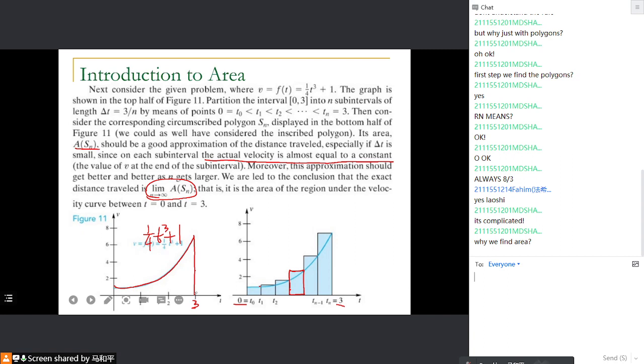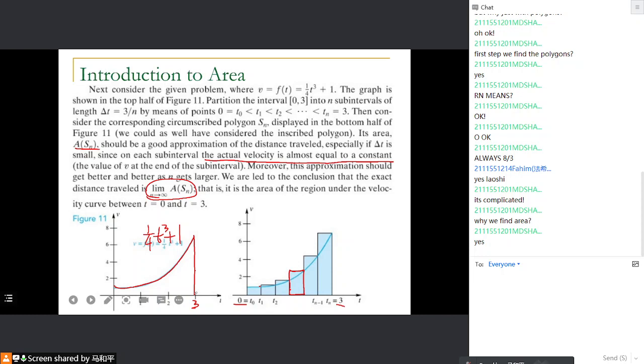Maybe in reality you face this problem. How can you solve it? Because here you only know how to calculate the area of a triangle, parallelogram, and rectangle. But when you face complicated problems, maybe it's not a regular polygon, but an area with curved boundaries.